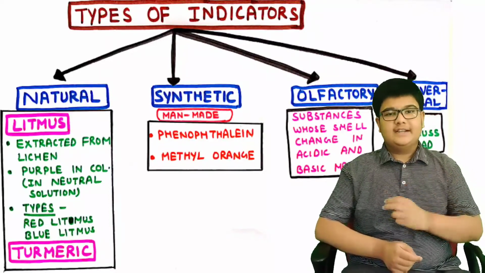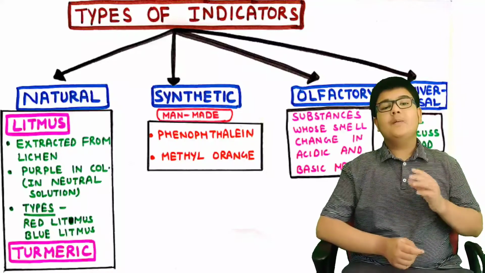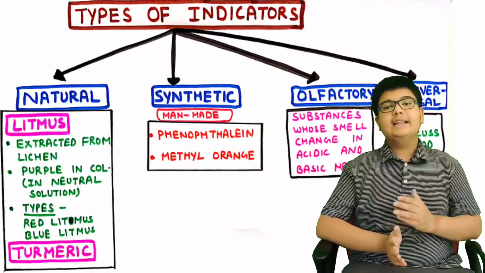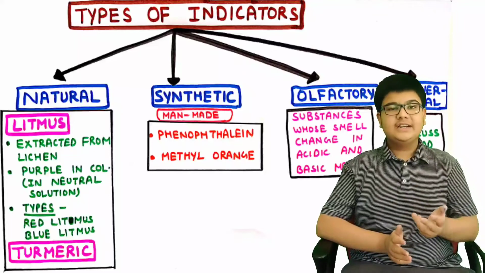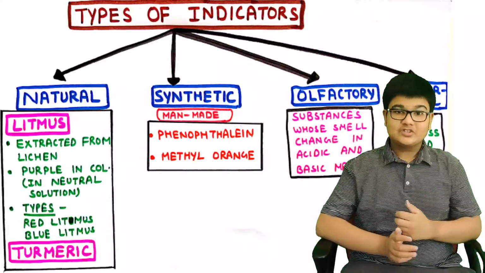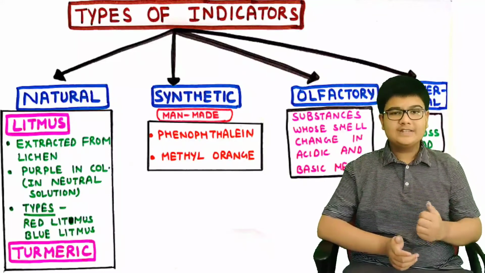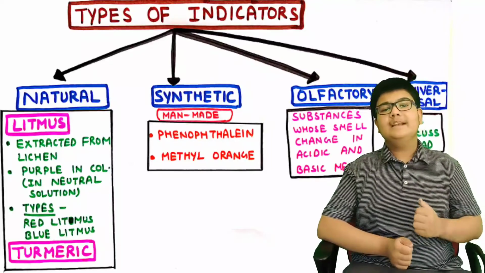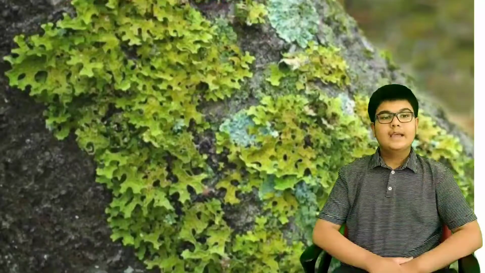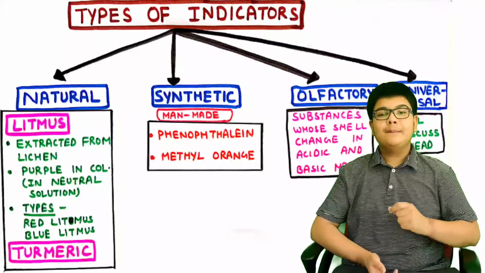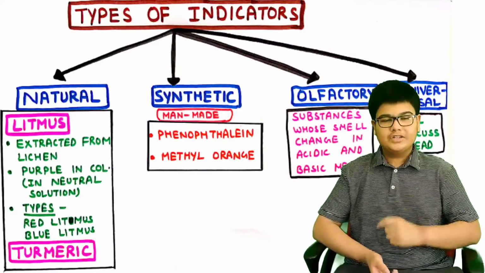Natural indicators, as the name suggests, are obtained from natural sources. The most common example of natural indicators is litmus. Do you remember how it is obtained? It is extracted from lichens. Litmus remains purple in color when it is in a neutral solution.